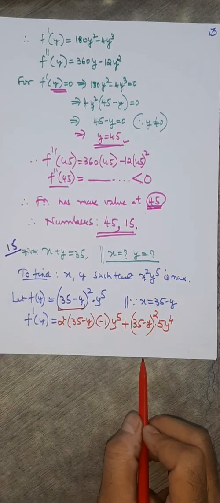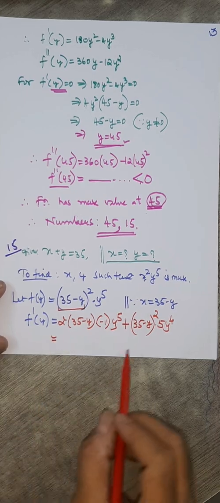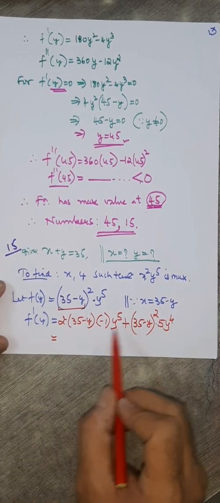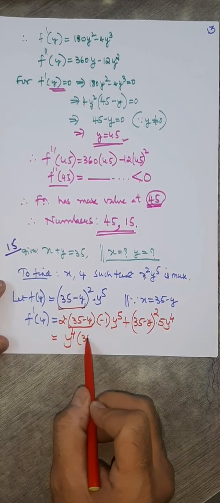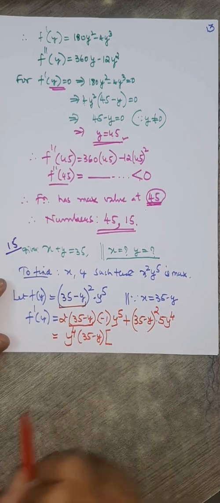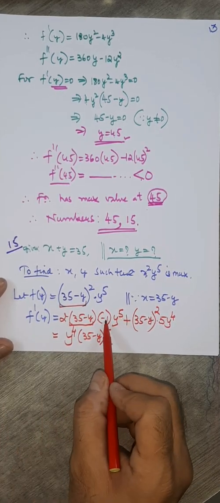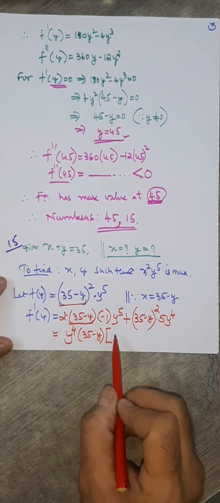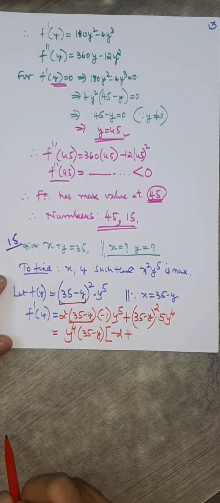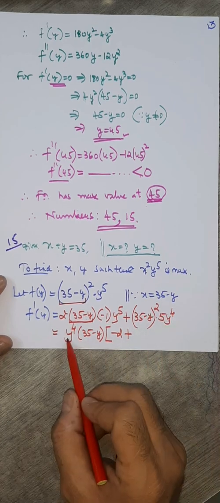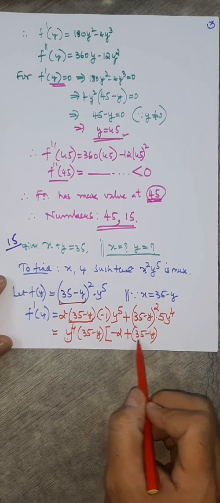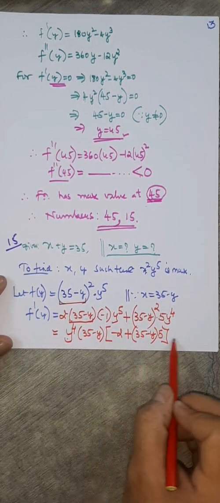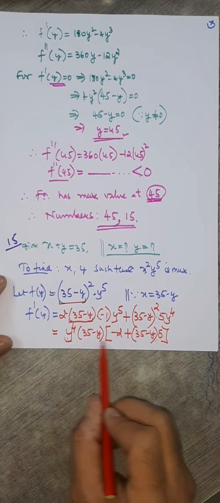Before you do the second derivative, you can find a number of things common. One is y raised to 4, then this factor 35 minus y also. So what do we get inside the bracket? Y raised to 5 already has y raised to 4 taken common, so you are left with minus 2, plus since we already took y raised to 4 common, you are left with 35 minus y into 5.